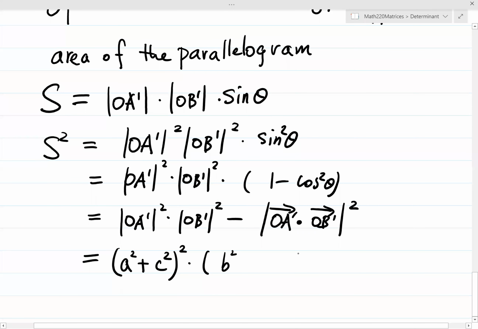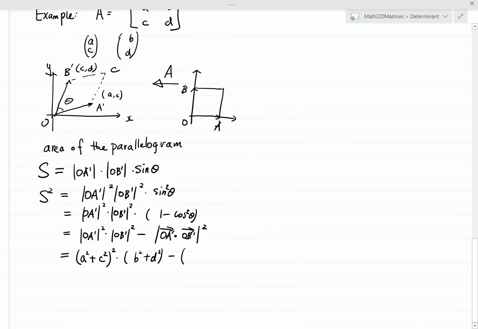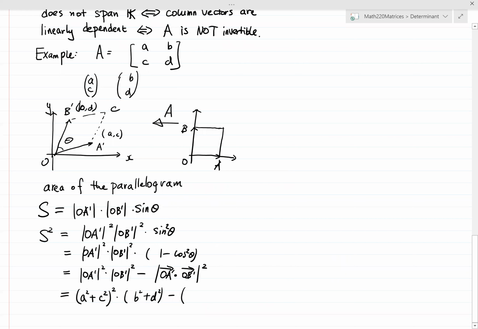Minus the dot product of OA prime with OB prime, which will be AB plus CD, squared.